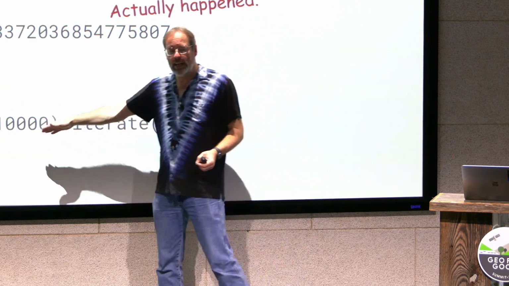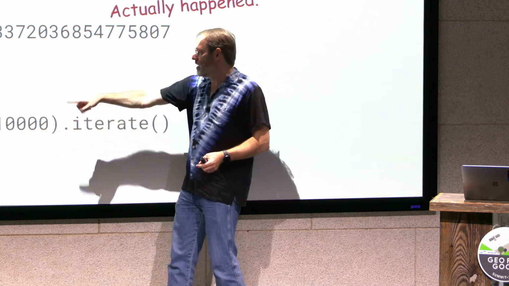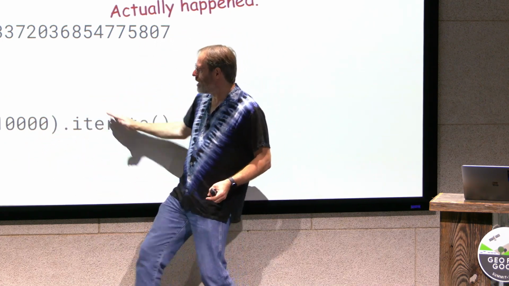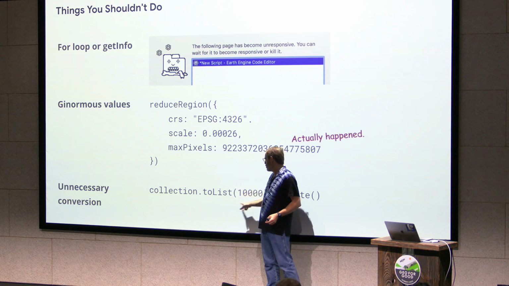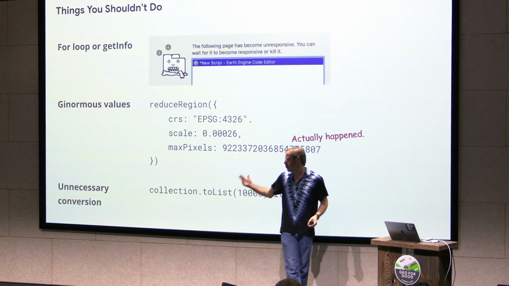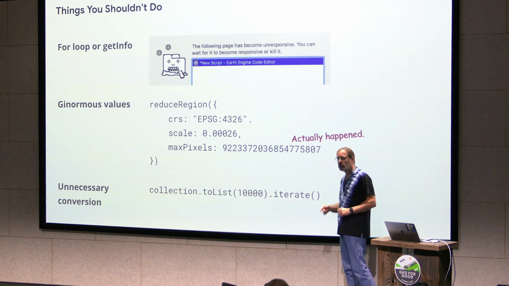If you convert it to a list, we can no longer stream through them. They all have to be contained in memory. And in this example, you could have just iterated on the collection directly, and not needed the list. So you made a big giant list of images, or whatever it was, using up a ton of memory that you didn't need to use.